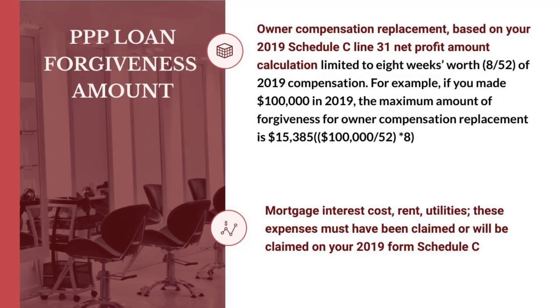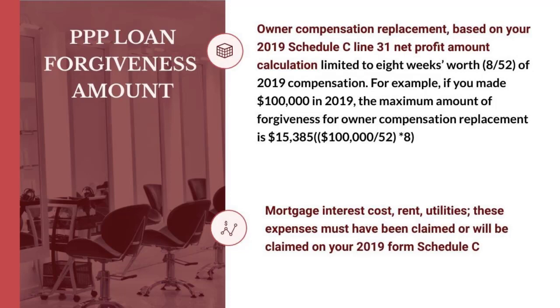In order for that $5,448 to be forgiven, you have to use that amount for either mortgage interest, if you own the building, for rent, or for utilities.